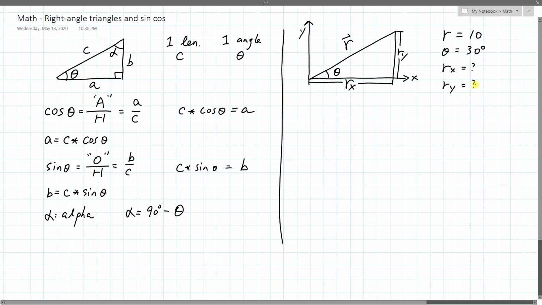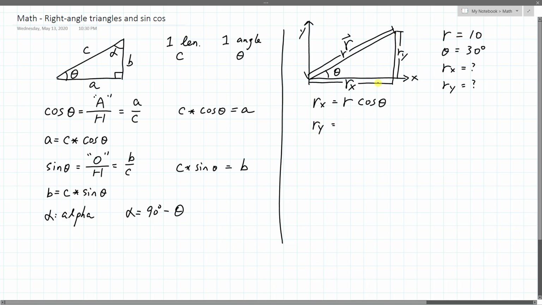All right, so going back to the equations, this side here is the Rx side. So we can just rewrite this equation. So we have Rx equals R cosine theta. And this R simply is the length of this vector. And we also have Ry.